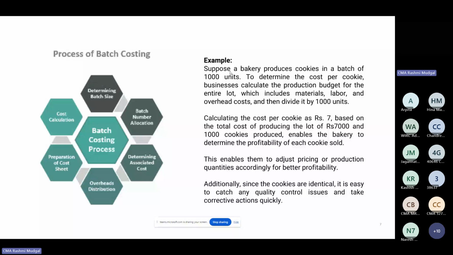So we can see the production with the material, the labor, the packing cost, overheads, everything is rupees 7 per cookie, because we have seen that 7000 rupees has been incurred in the end-to-end process. This enables them to adjust pricing and production quantity for better profitability.